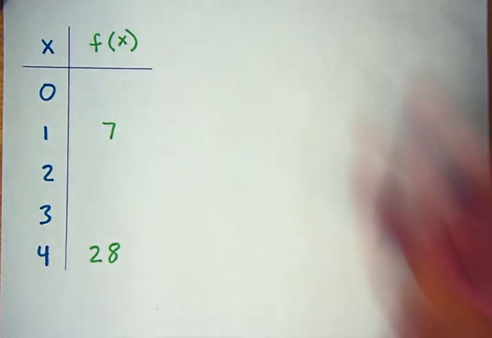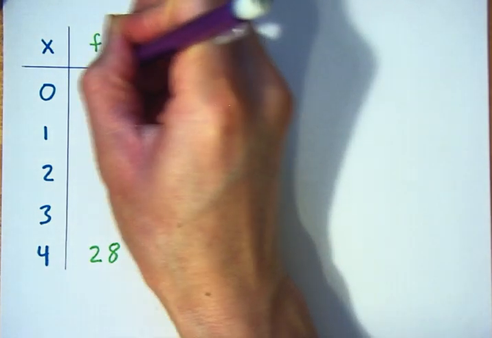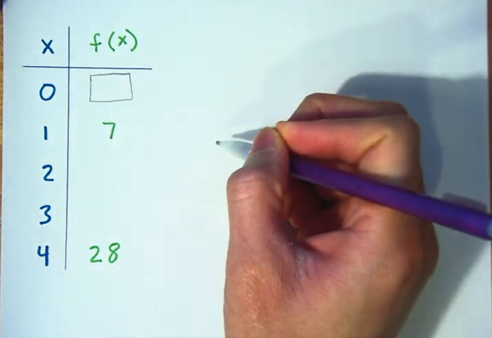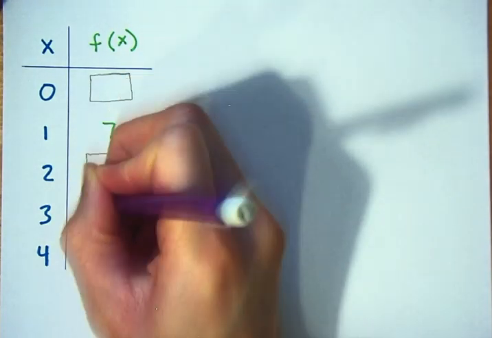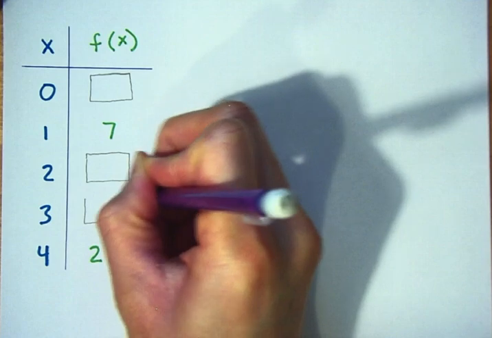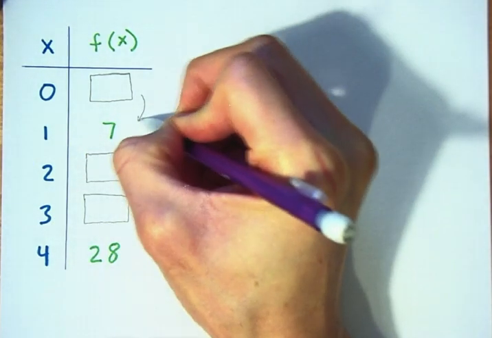Once again here, you are missing a few different values. We're missing this one, which we need for our exponential equation. We're missing this one and this one. I know to go from this value to this value, I'm going to go times r.